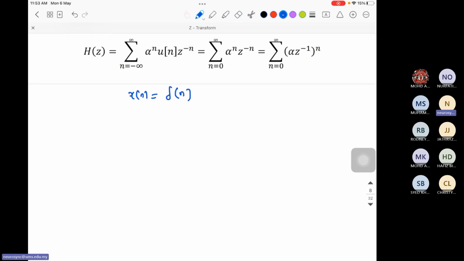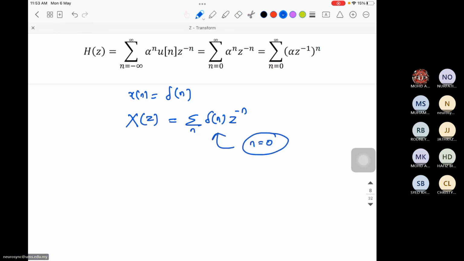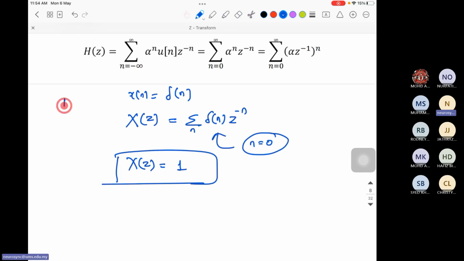If I want to find the Z transform of this, I will do the summation over n of delta of n z to the power minus n. But this delta of n only exists for n equal to 0. Therefore, this X of z is basically equal to 1.